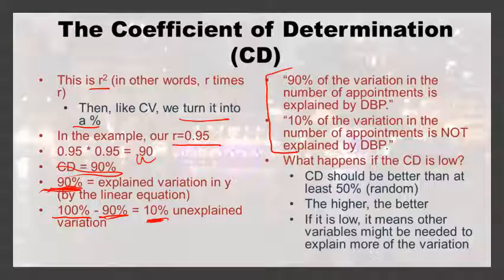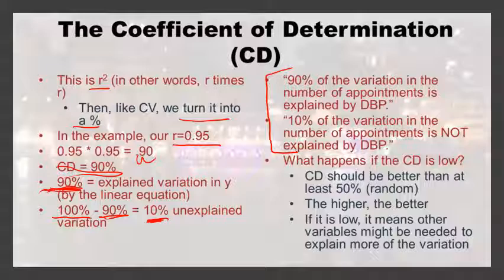If it's super low, that means there must be something else happening here that you're not seeing. There's a totally other variable in this situation that is causing the outcome that we're seeing. So it's not your X, or what you thought was your X.